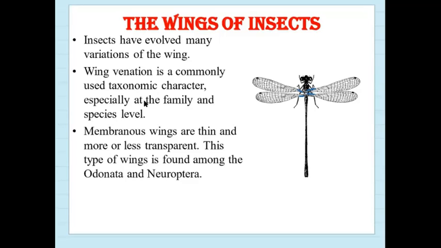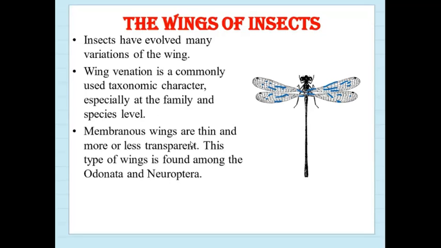Wing venation is a commonly used taxonomic character, especially at the family and species level. There are many types of venation of insect wings, which are used as a taxonomic character.